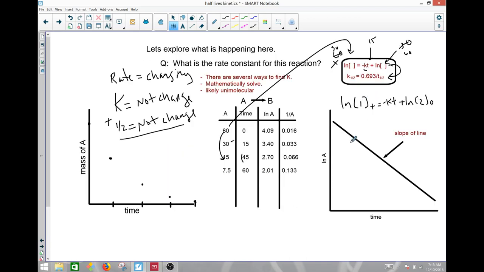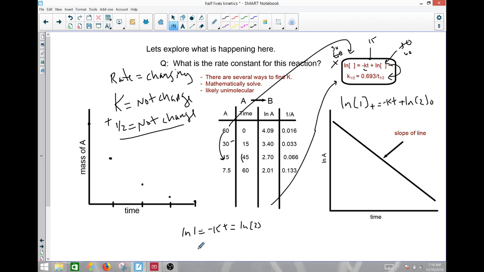Now, I guess I don't have it there. So let's do this again right here. So the natural log of 1 at time equals negative kt plus the natural log of the concentration times 2. This is on your laminated sheet. So let's solve this out.